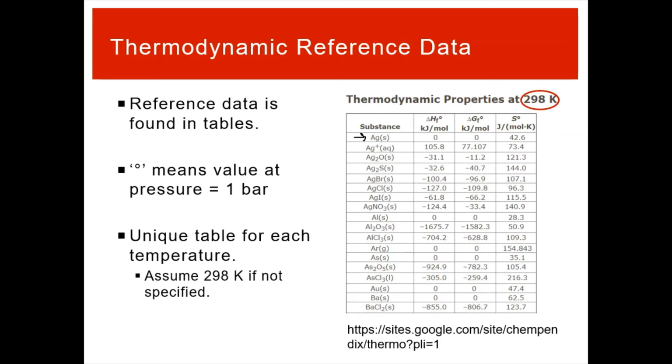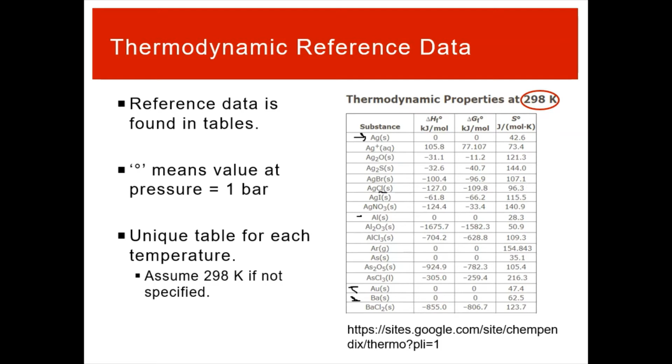Metals are usually first, and you can see it just goes down. You get silver, aluminum pops up, barium, gold, all sorts of stuff like that. You'll note it's based on chemical symbols, so you're looking for the symbol, and it's going to be based off the first one. Silver chloride is up here. It's not in the chlorine section. If chlorine is first, eventually that would show up down there in the Cls.